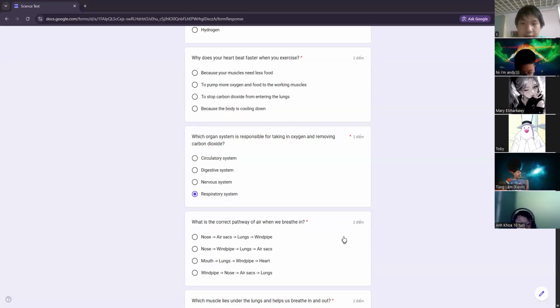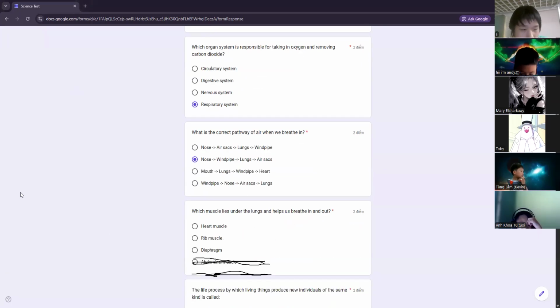The nose goes to the windpipe, then the lungs, and then the air sacs. The windpipe goes into the lungs, and the air goes to the air sacs known as alveoli. So that's how it works.